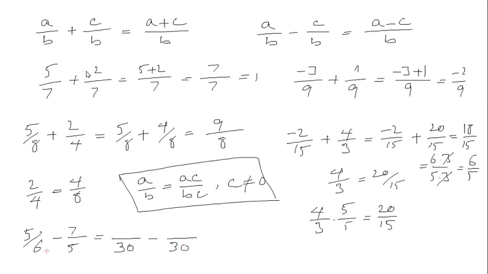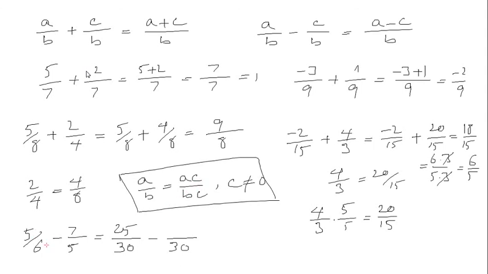Now, what did I do to this fraction? I multiplied the denominator by 5 to get 30. I need to do the same for the numerator. I multiply the numerator by 5 and I get 25. 5 times 5 is 25. Notice that I'm using this formula here: I'm multiplying both numerator and denominator of the fraction by the same non-zero value c.